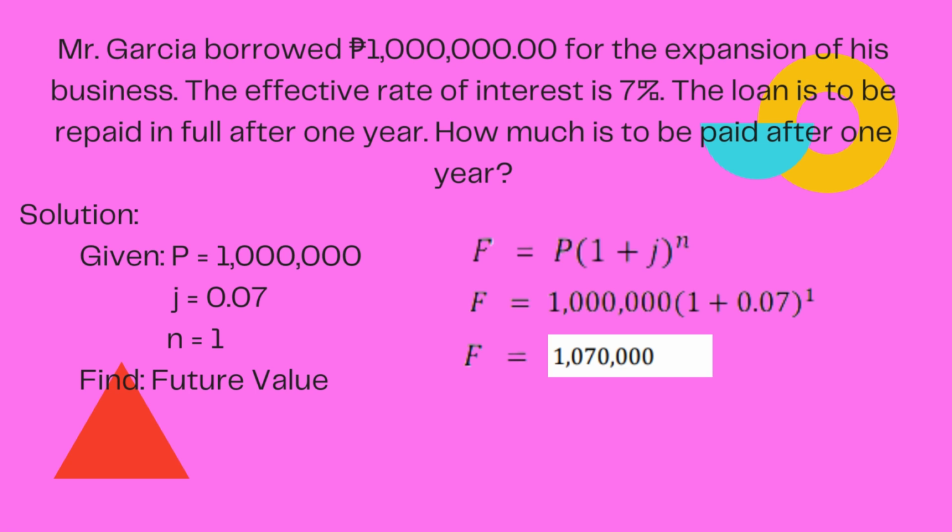And there is the term, which in this problem is to be repaid in full after 1 year. So, n is equal to 1. So, find the future value.